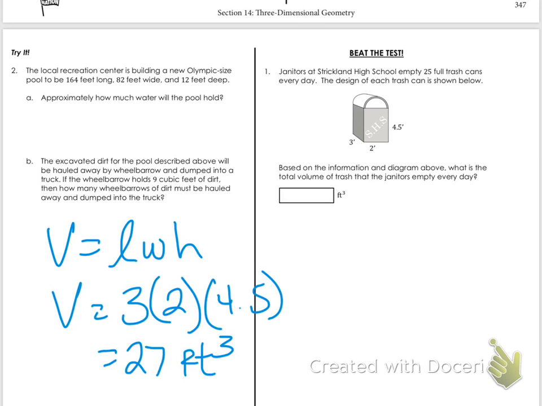The semicircular prism, the bases of the prism are going to be those semicircles. So the volume of any prism is always the area of the base times the height. So we need to find the area of the semicircles, and then we need to multiply that by the height.